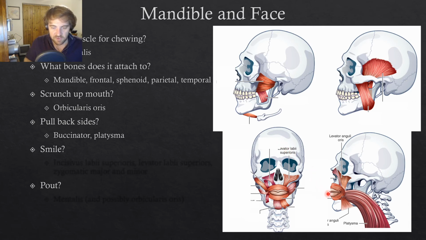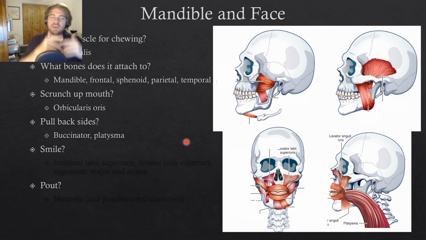They're both going to pull backwards on the face, so kind of like a very strange smile. One of the other things the buccinator does is keep the cheeks tight, especially if you're playing a trumpet, which is what it's named after. So keeping those tight.